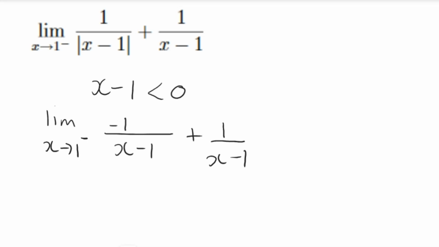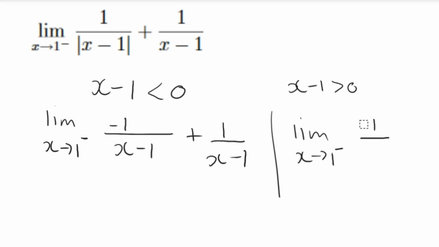A negative and a negative will become positive. And this one, we just let it be as it is. But when this value x minus 1 wants to be greater than 0, we can just write this as the limit as x goes to 1 from the left of 1 over x minus 1 as it is.